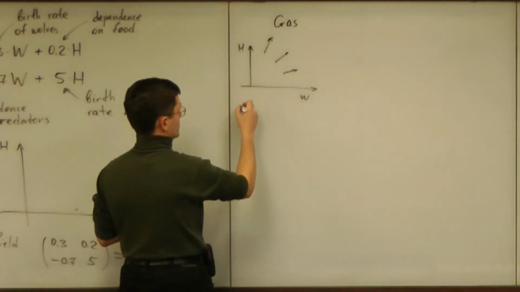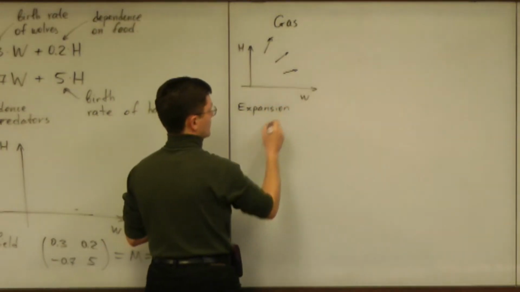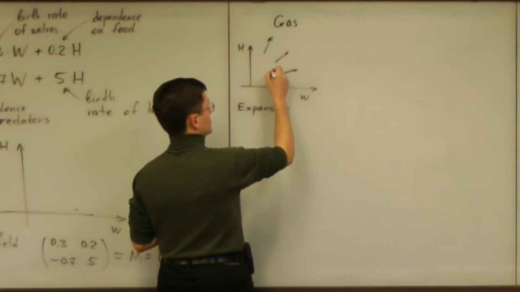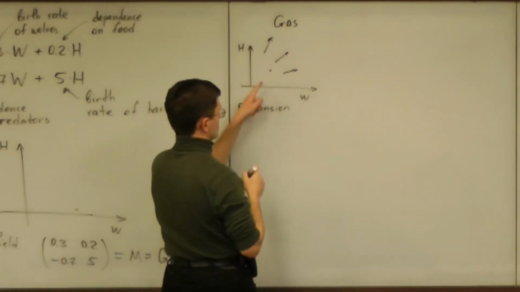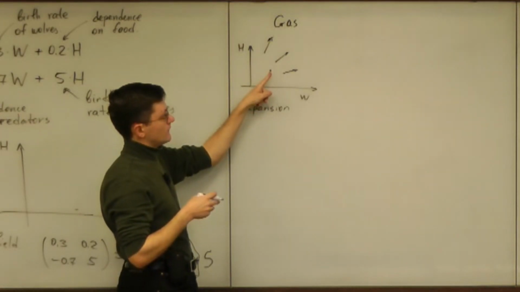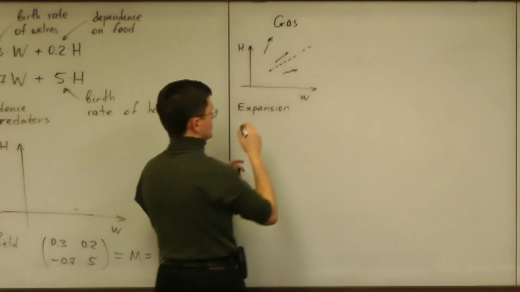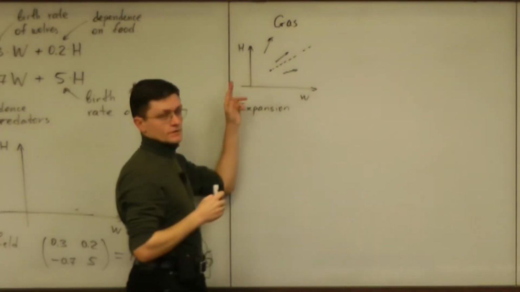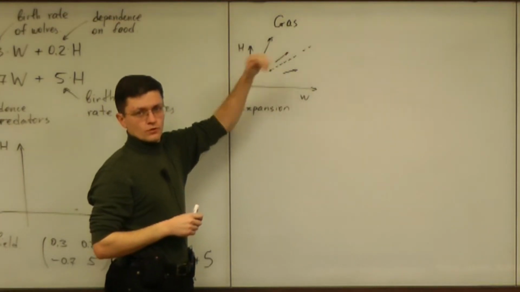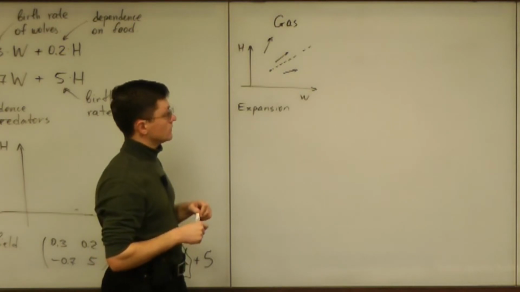And if it is expansion, that means no matter where our original point is, our current state, the population of wolves and hares will increase, and those populations will stay proportional to each other. They will keep the same proportion as now.